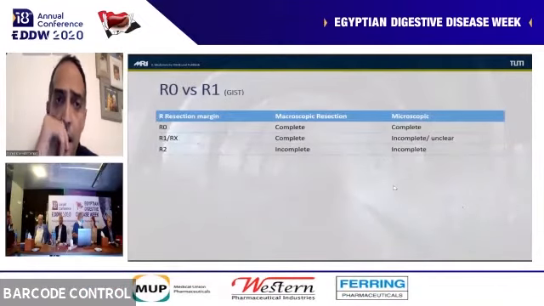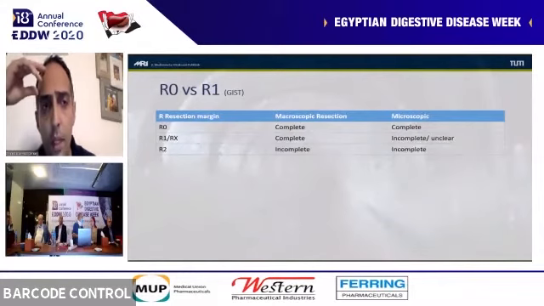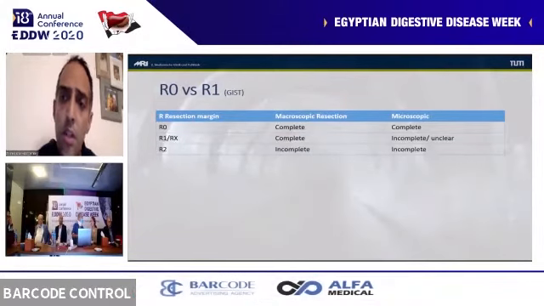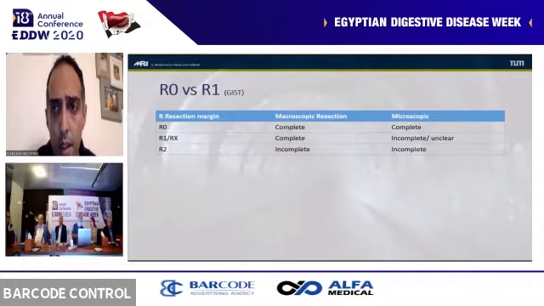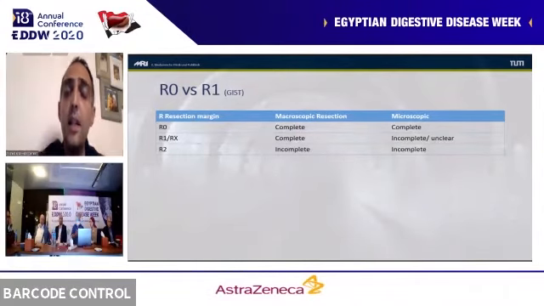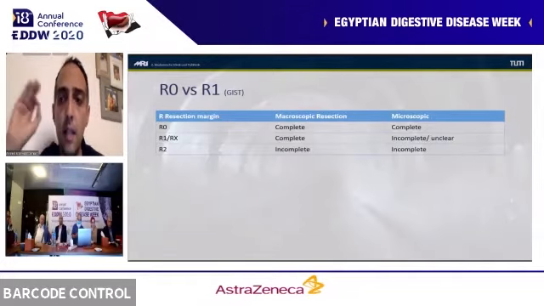The most important challenge here, for me, is R0 versus R1, because surgery has a better R0 resection rate. But I will try to define what is R0, what is R1, what is R2. We say R0 resection if we macroscopically or endoscopically see a complete resection, and the histologist tells us it is a complete resection.